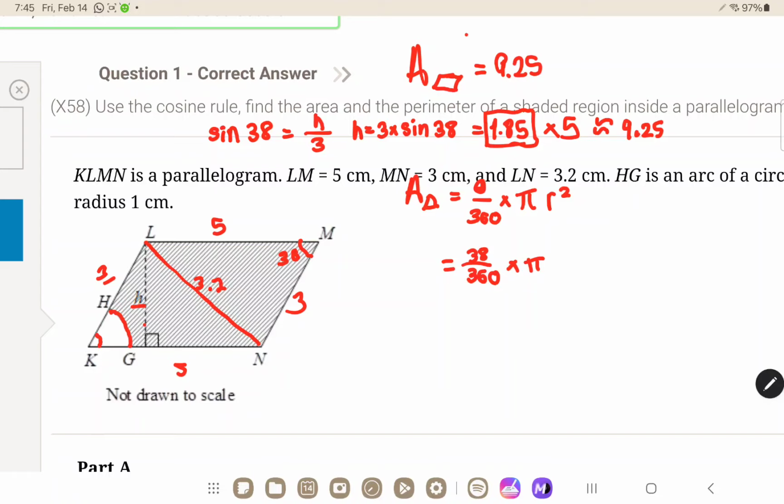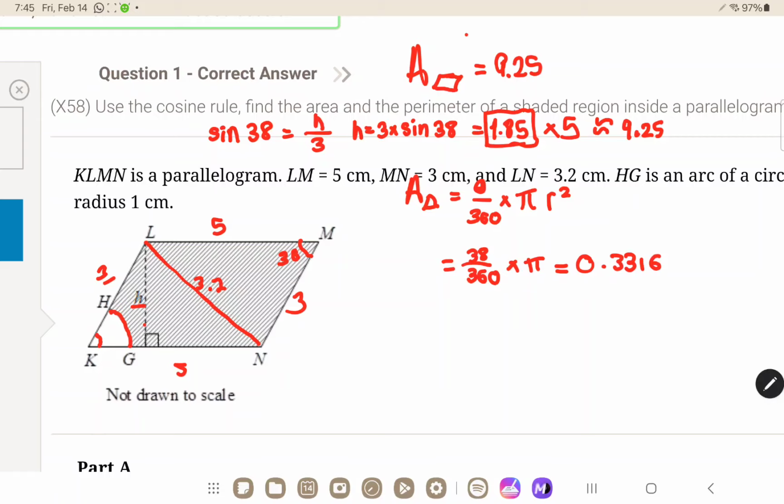Now once you do this in your calculator, which is 38 over 360 times pi, it's gonna give you 0.3316, something like that.